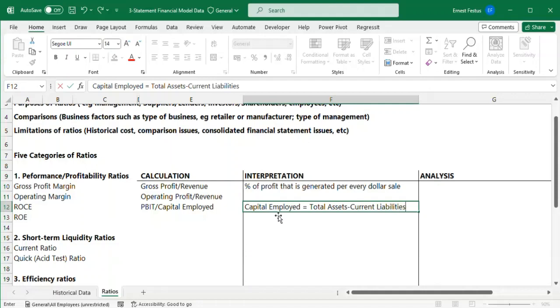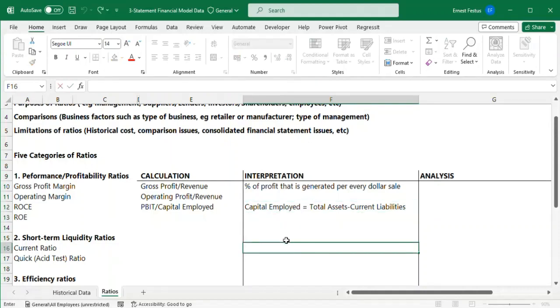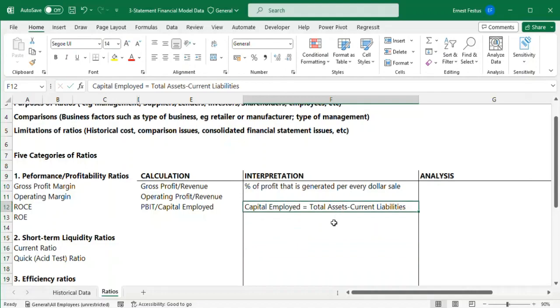Now, this formula is not the only formula for calculating capital employed, but I think it's the simplest, because in every statement of financial position, you will see your total assets, and you also see your current liabilities. So that makes it very easy to calculate.